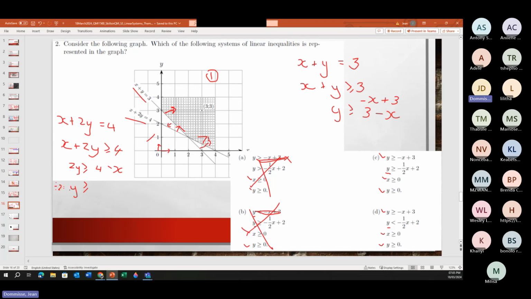So 2y divided by 2 is y. 4 divided by 2 is 2. And here it's actually minus x, so minus x divided by 2 is minus a half x. So it could be 2 minus a half x, or it could be 2 minus x over 2. Both of those two equations are right.